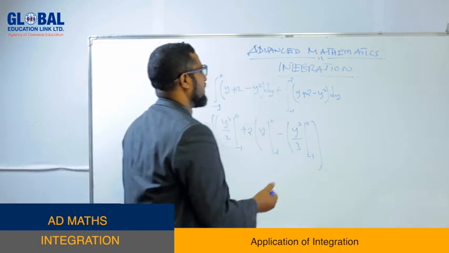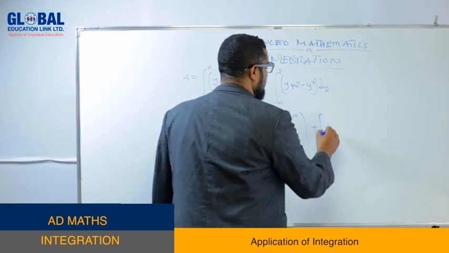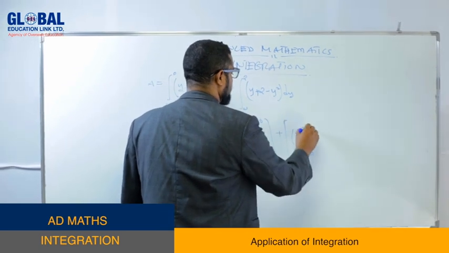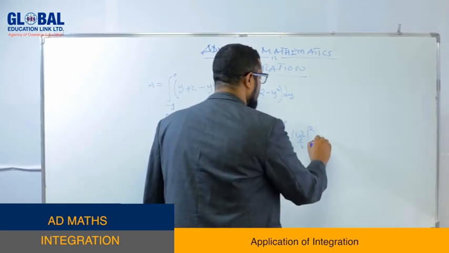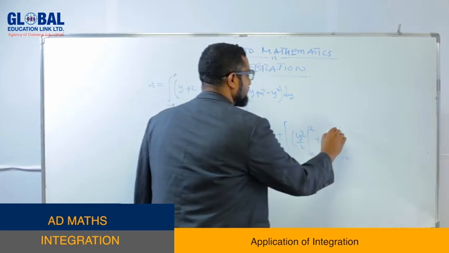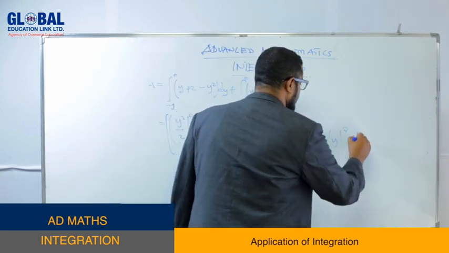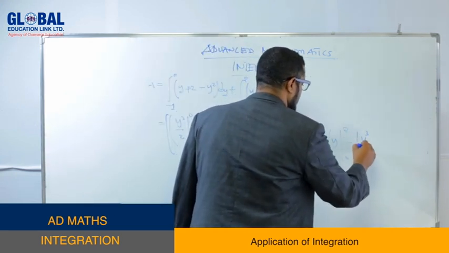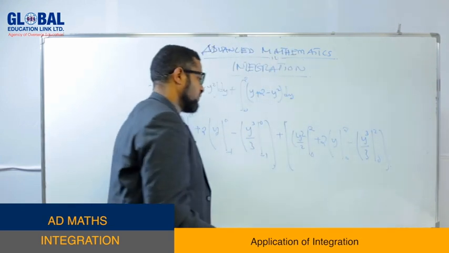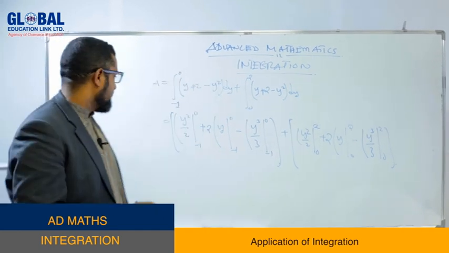Now let's go for the second part. We'll be having plus y squared over 2 from 0 to 2, plus 2y from 0 to 2. And the last one will be minus y to the power of 3 over 3 from 0 to 2. Then from there, it's time now to substitute the limit.